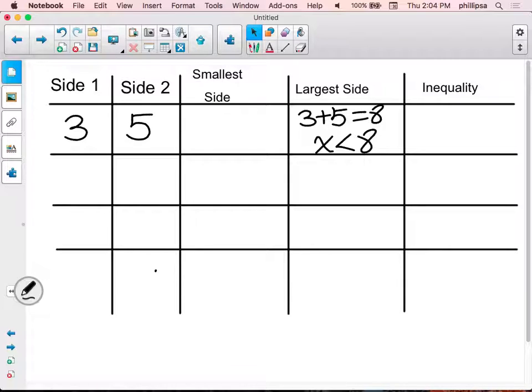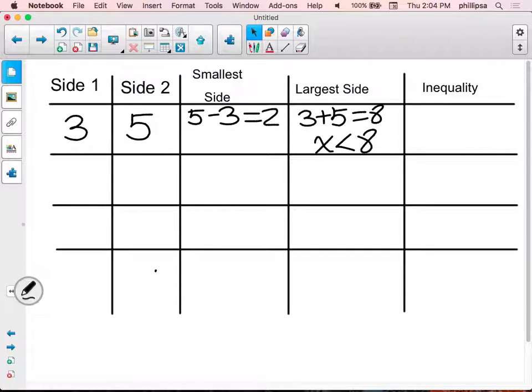Now, my third possible side, assuming that it's going to be the shortest possible side of this triangle, okay? Now you know that the sum of them has to be greater than 5, right? So how can I figure that out? Well, I could take my 2 known sides and subtract them.